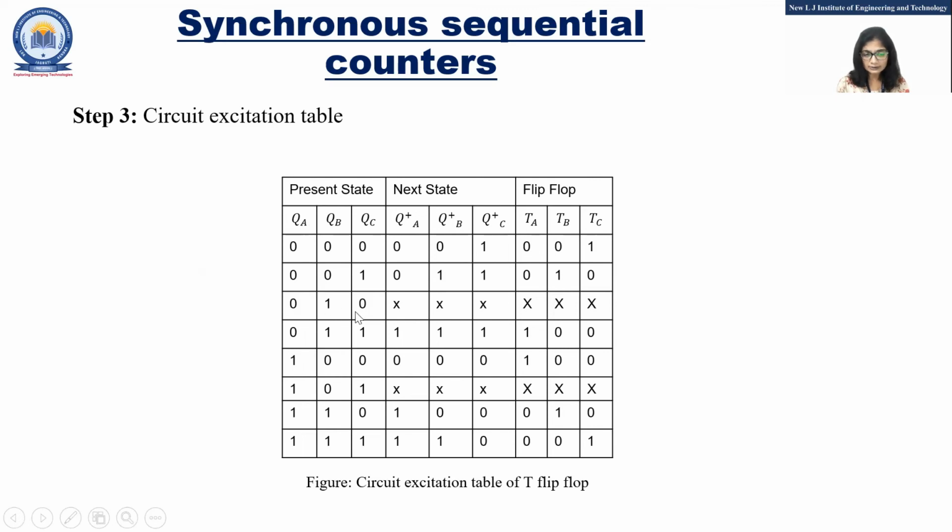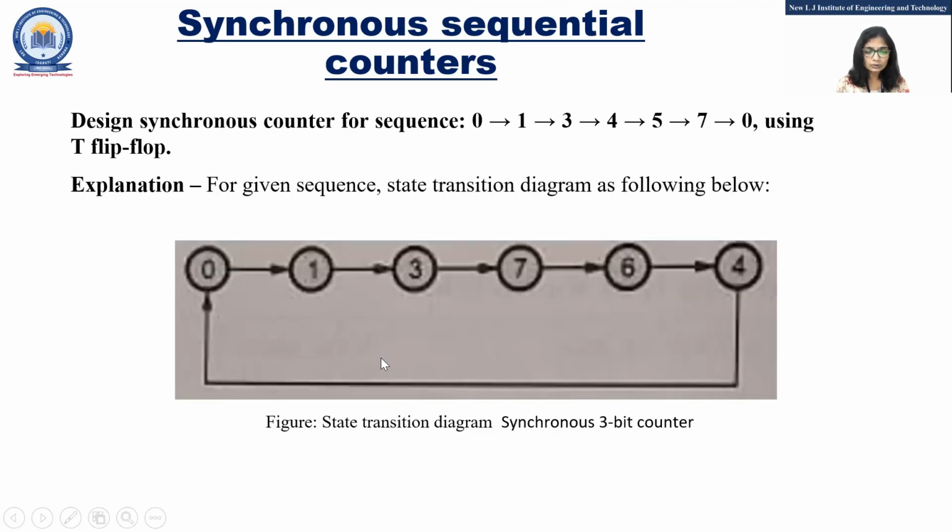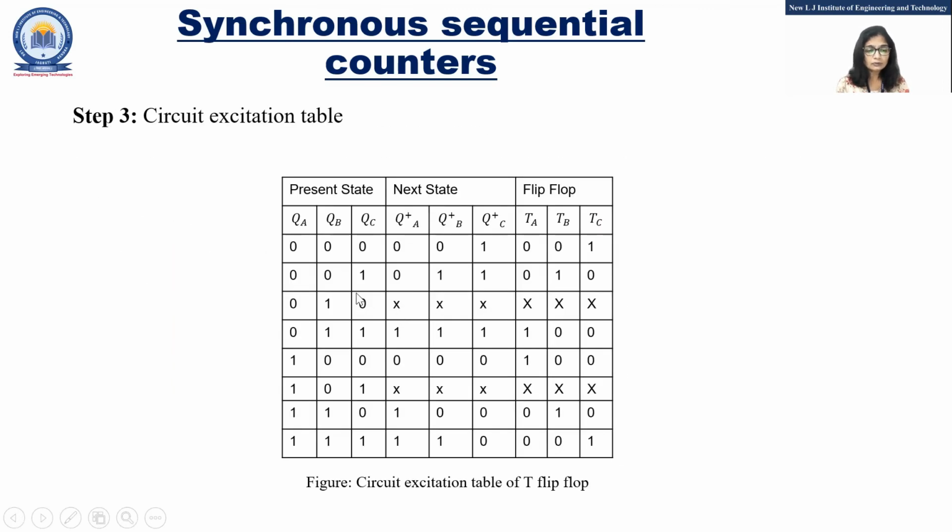But here 2 is there in our standard table, and 2 is not given. So what we'll do for 2, next state will be don't care, because 2 we are not using. Like this way, 6 we are not using, so next state will be don't care. And the remaining will be the same.